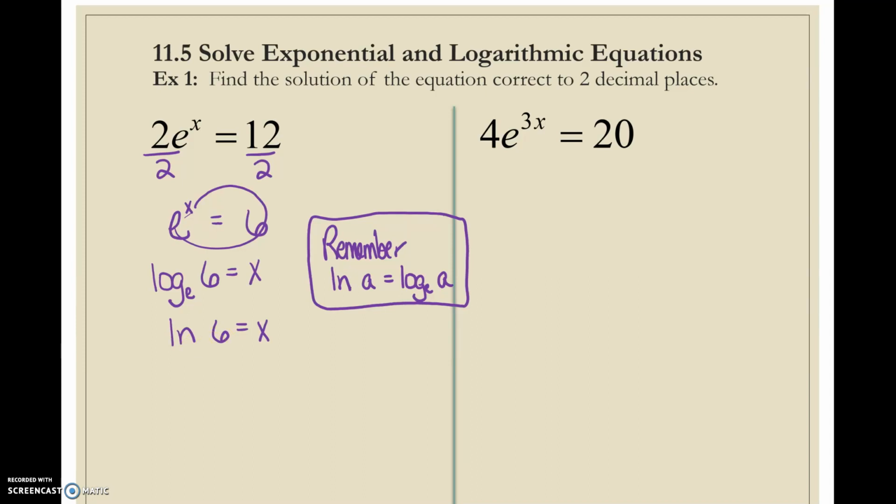Doesn't matter what type of calculator you have, as long as it's at least a scientific calculator. ln button, 6, and it says 1.79 approximately.